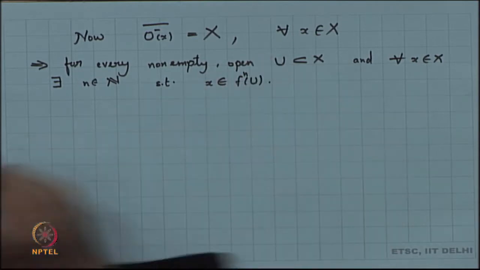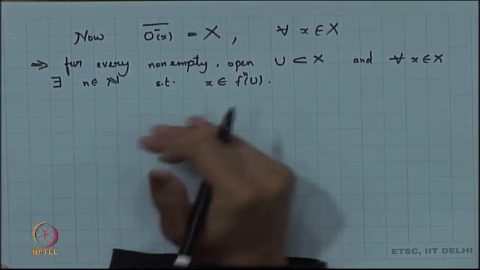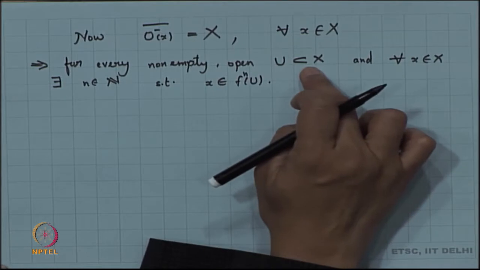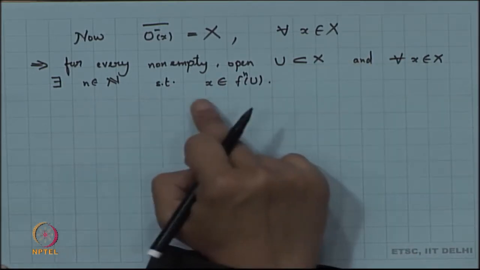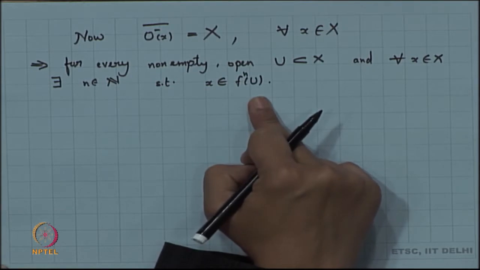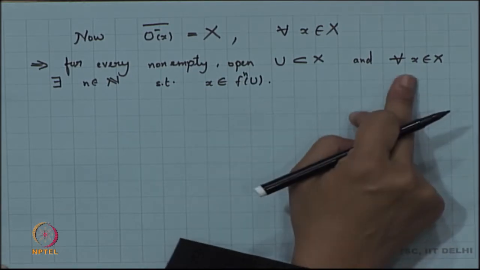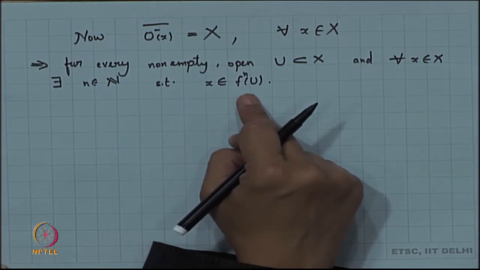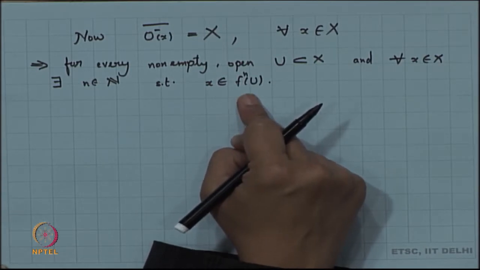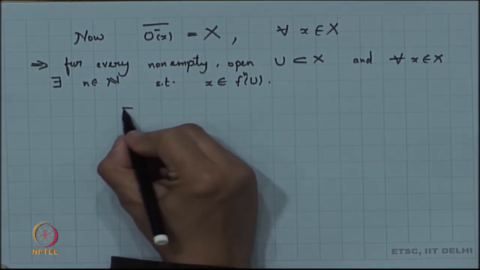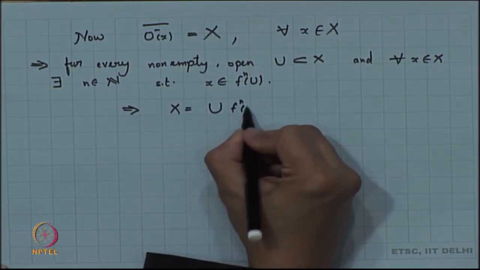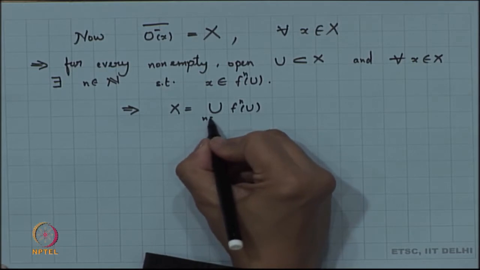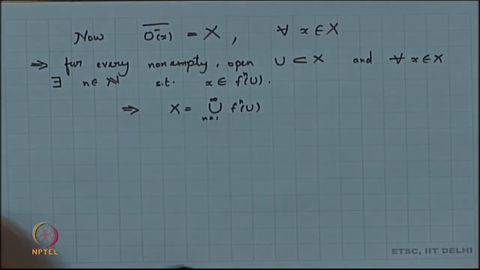Now, this is true. I have just taken one open U, and for this one open U and every x in X, I find that there is an n such that x belongs to f^n(U). So I can say that X is basically the union of all f^n(U), n going from 1 to infinity.